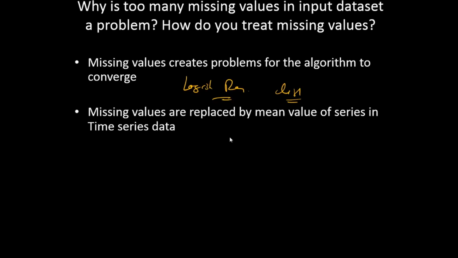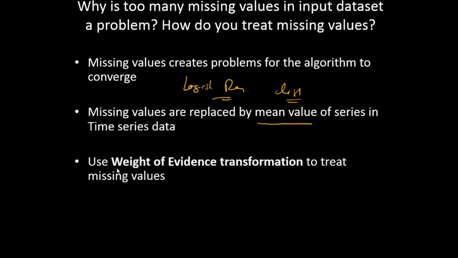In univariate time series data, you'll always find the data for a particular event or a particular entity. So that data continues for a period of time, so you can use the previous period if for a particular period you don't have the data, or else you can also take the mean of the entire series and do the imputation.